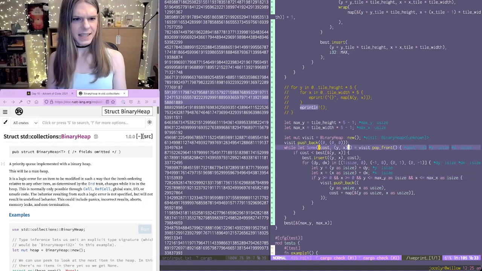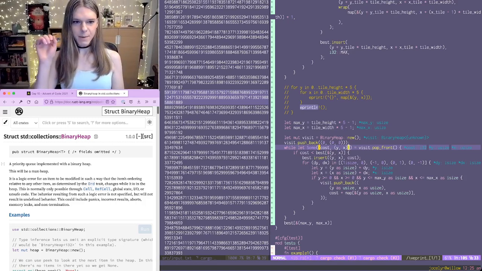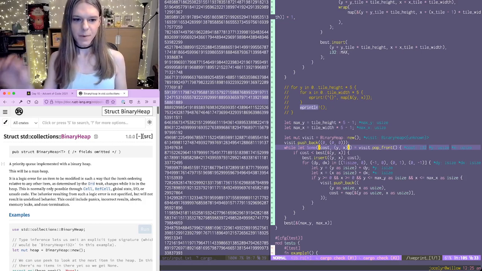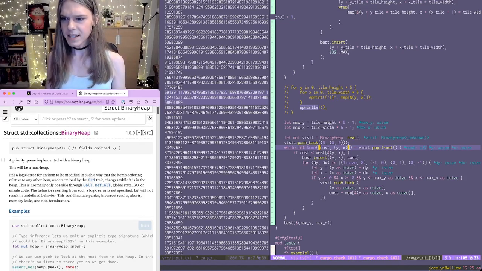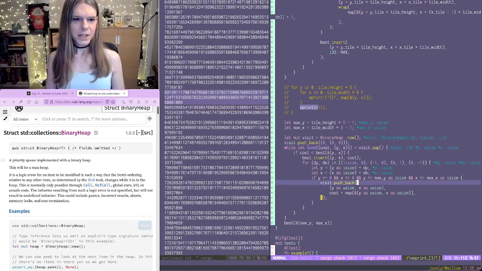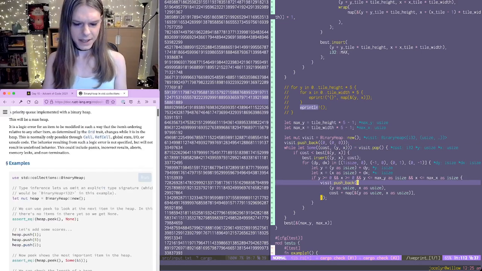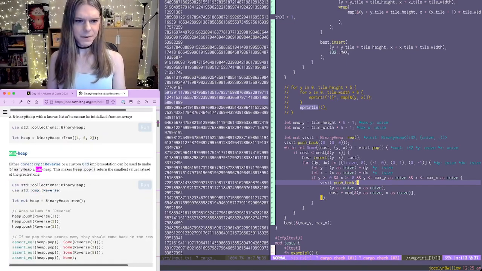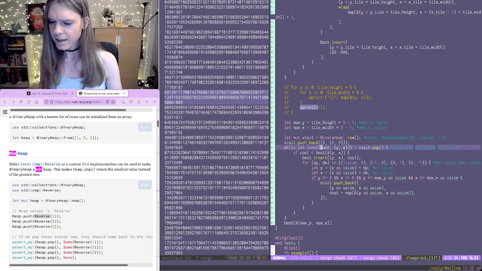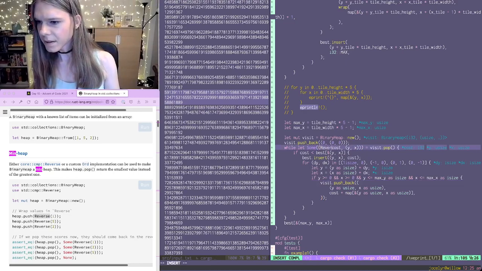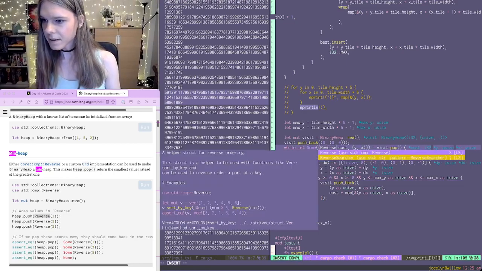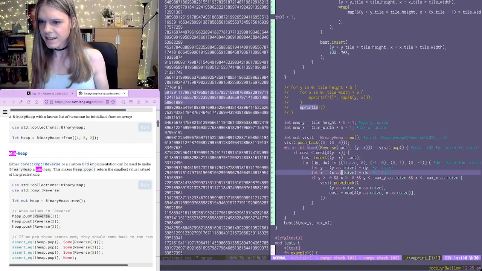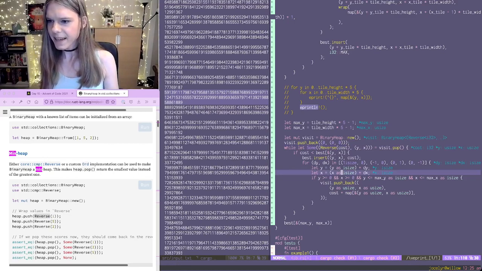So I think it says it's a max heap, which means every time we pop from it, it's going to take the highest value. We're actually interested in the lowest value, so I think it gave some tip about that, which was to use reverse. Okay, so reverse just reverses the order, it's like we could make the cost negative and this would have the same effect.